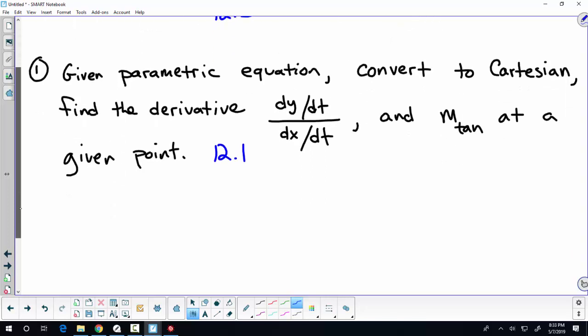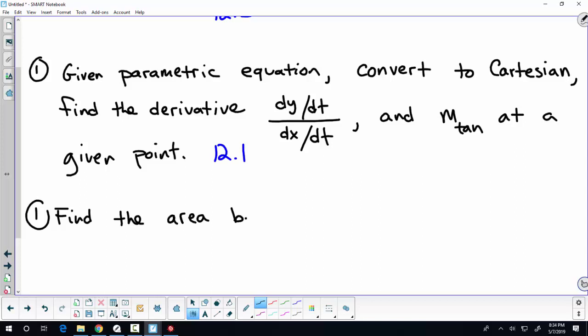Then one question finding the area between two polar curves. The graph will be provided.